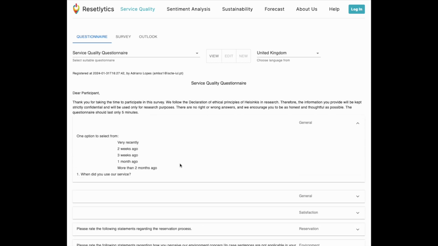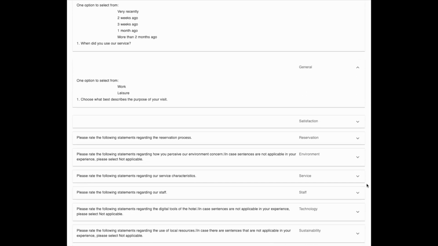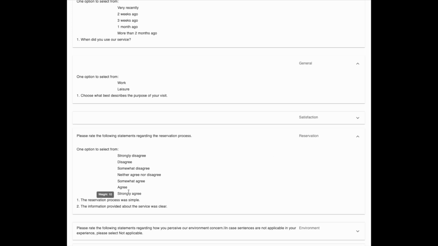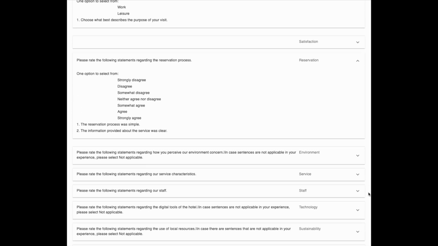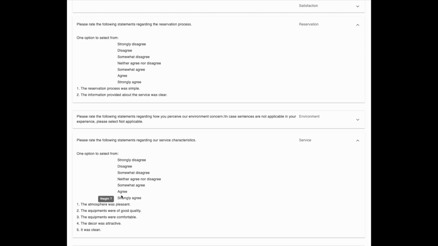They are organized in various blocks regarding the staff, the conditions of the place, and so on. Most of the questions are organized in answers that vary from strongly agree to strongly disagree. So these are scales of 7 points, which help us with having averages and having better comparisons.